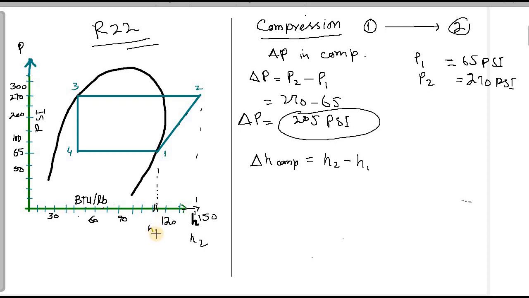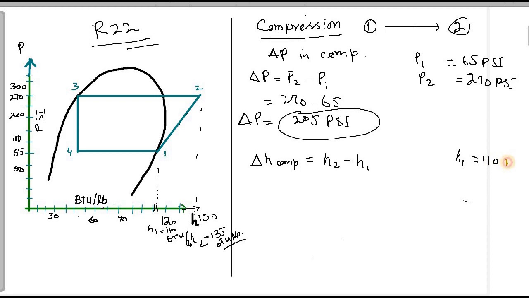The value of H1 is here 110, because it is less than 120, so it is near about 110 BTU per pound, while the value of H2 is near about 135 BTU per pound.